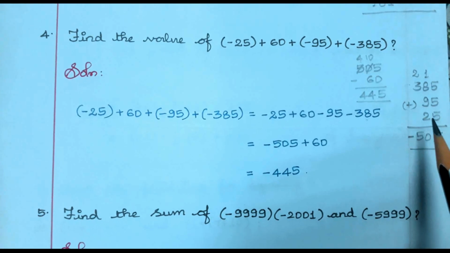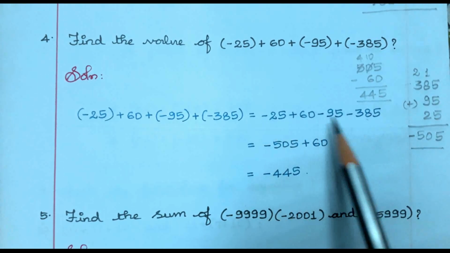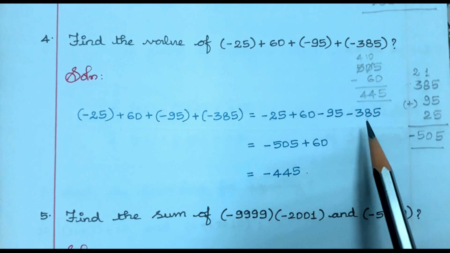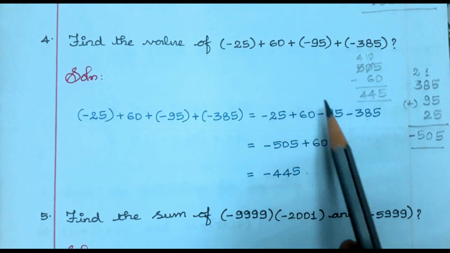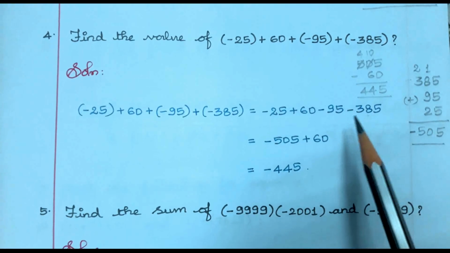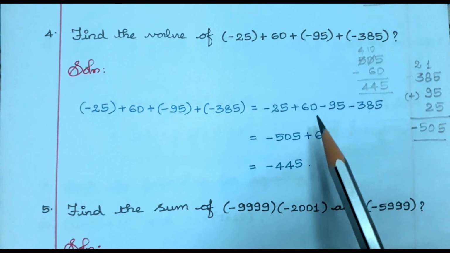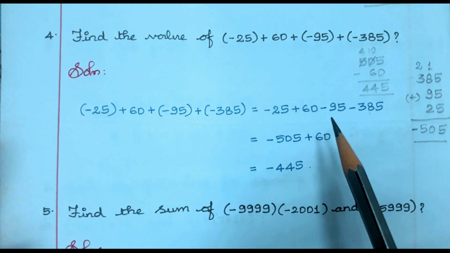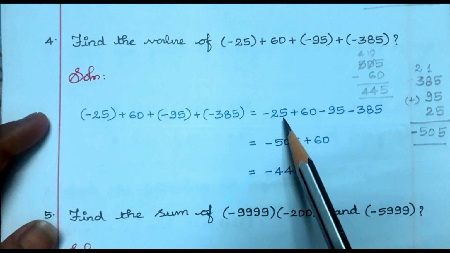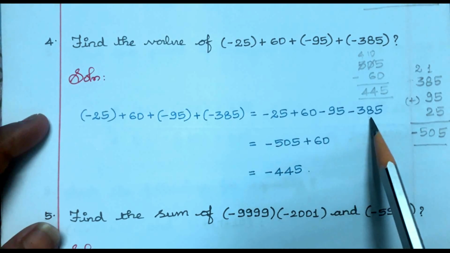Clear, students? When you have the same sign numbers in the mathematical expression, first add those like terms, which you have learned already. Like terms are nothing but the terms which have the same sign. So now we are going to add 25, 95 and 385.